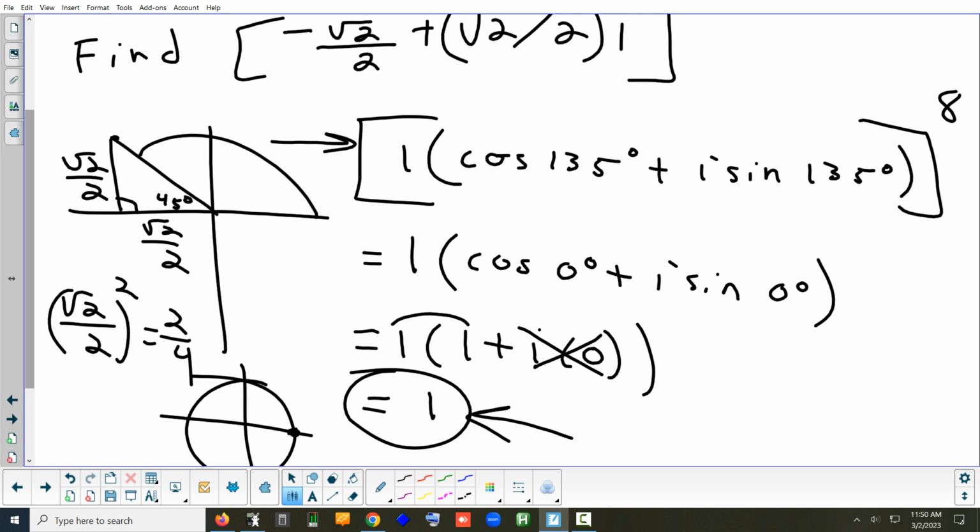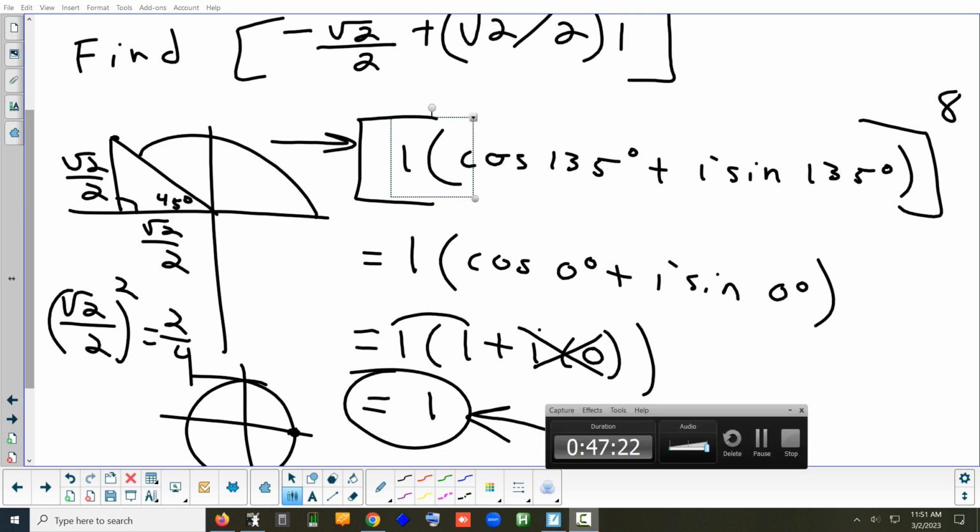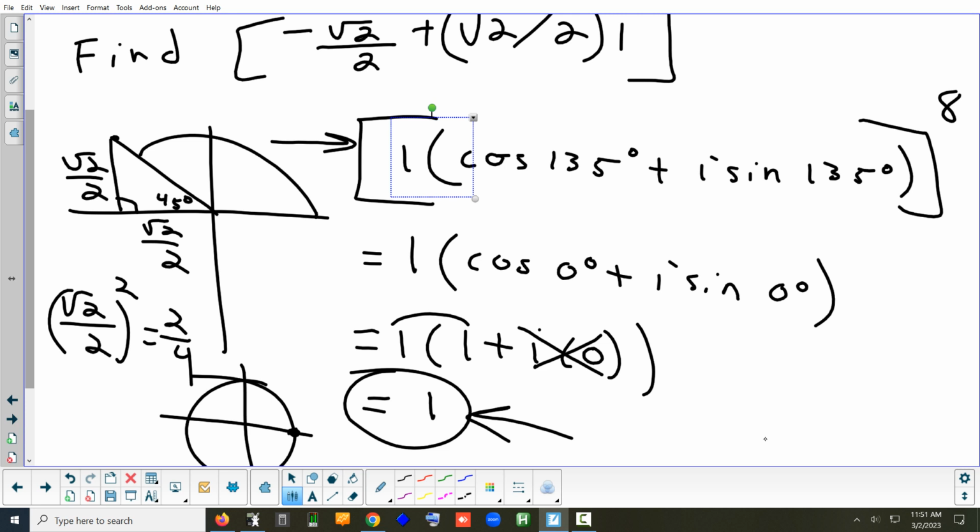Okay, any questions on that? When you do roots, there can be a lot of answers, because whatever root you're looking for, it has that many answers. If you're looking for a square root, you've got 2.